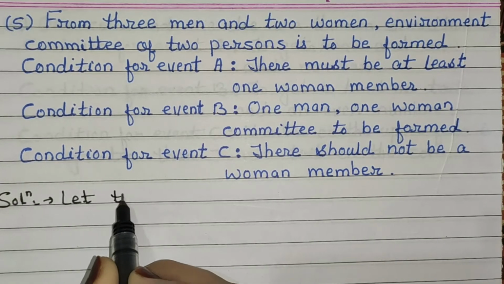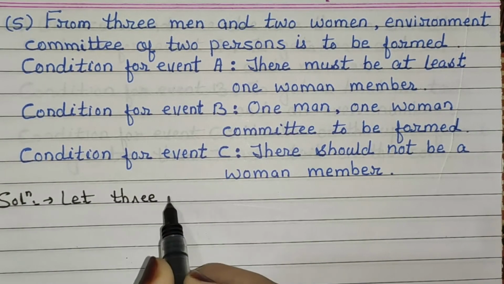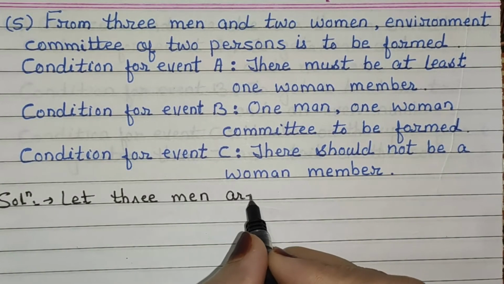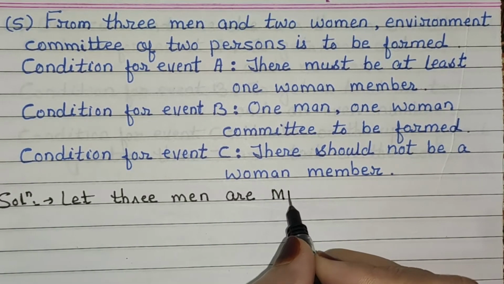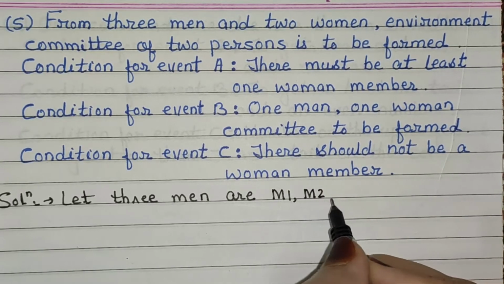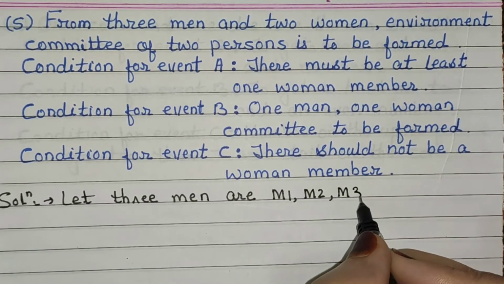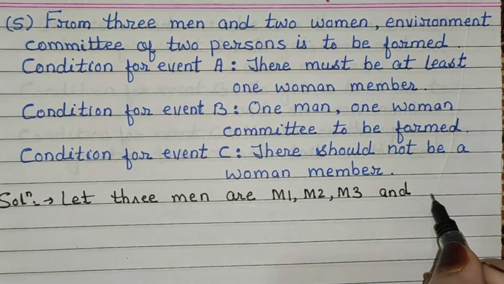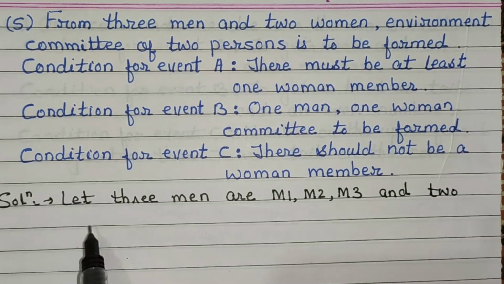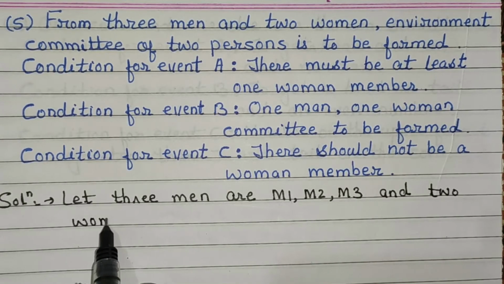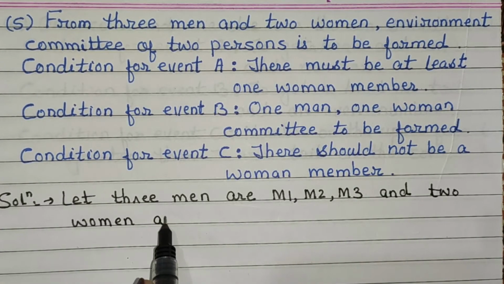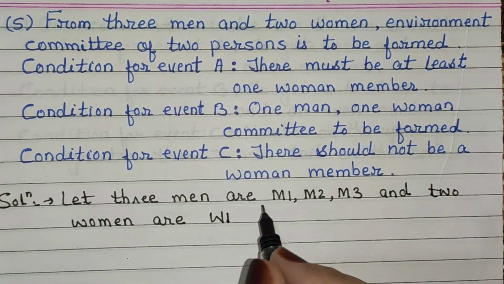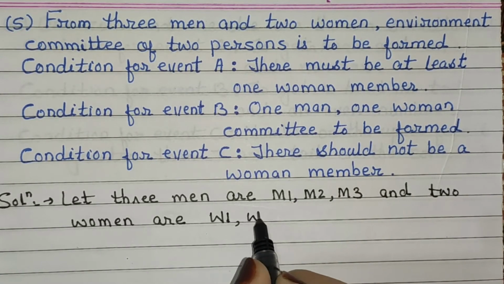Let the 3 men be M1, M2, M3 and the 2 women be W1, W2.